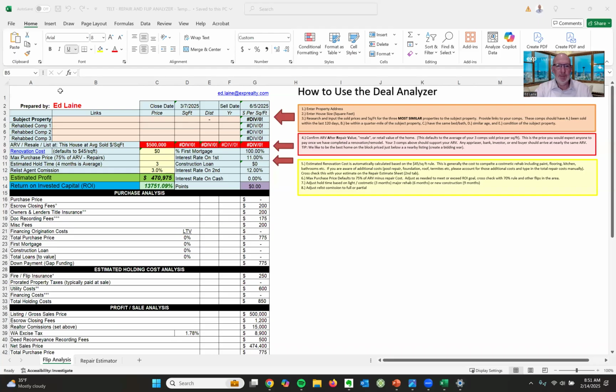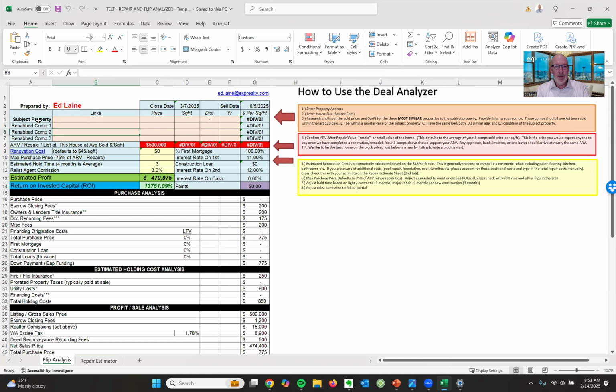All right. I am going to do just a quick overview of a flip analyzer that I use, and this will help you determine ROI. I can send you this as well. Basically, you fill in the subject property and then the finished ARV comps.